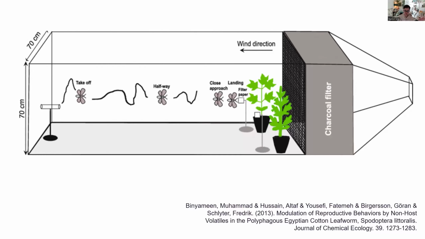You will release your respondents, your insects on the left, and you will observe their behavior. And they will fly towards the cue. And there are many ways you can design the experiment, whether it's a preference experiment or whether you're measuring the length of time they exhibit certain behaviors, so on and so forth.